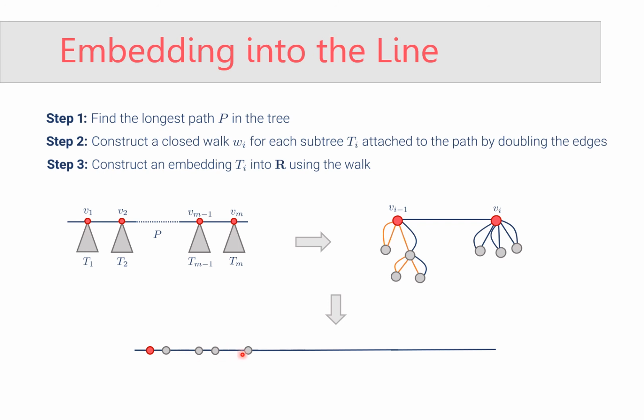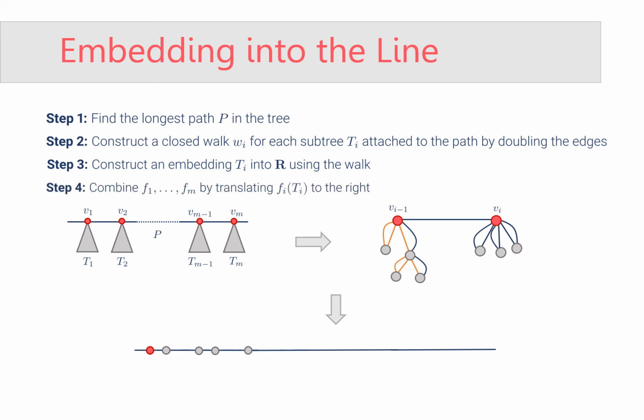So for example, here the distance between them is 2, and in the embedding, why? Because we had to traverse this edge and this edge to embed these two vertices.